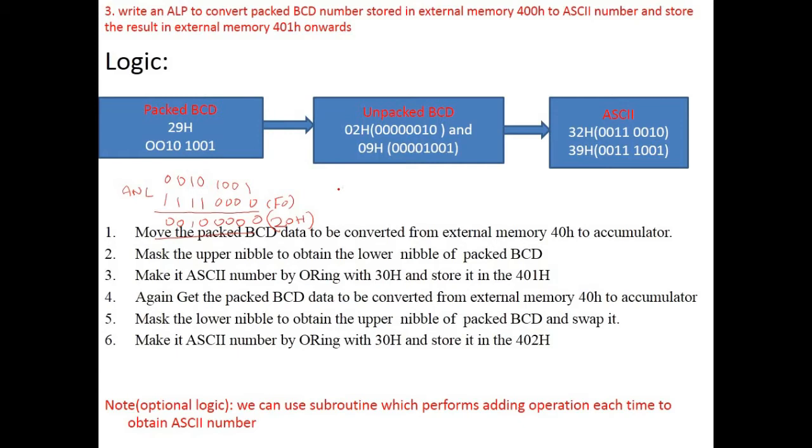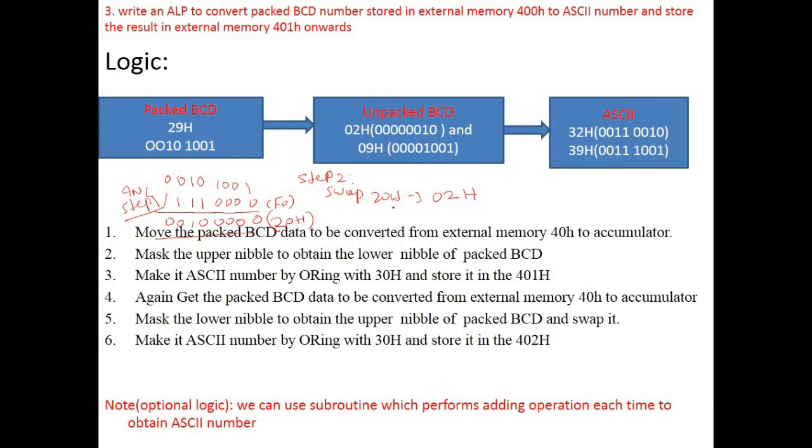So if we swap 20H, then we get 02H. So this is step 1, ANDing the value, and then in step 2 we are swapping the result we got after ANDing.